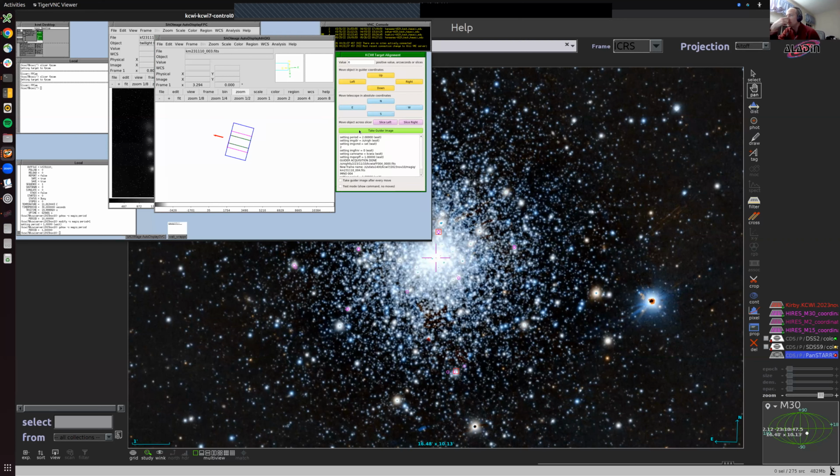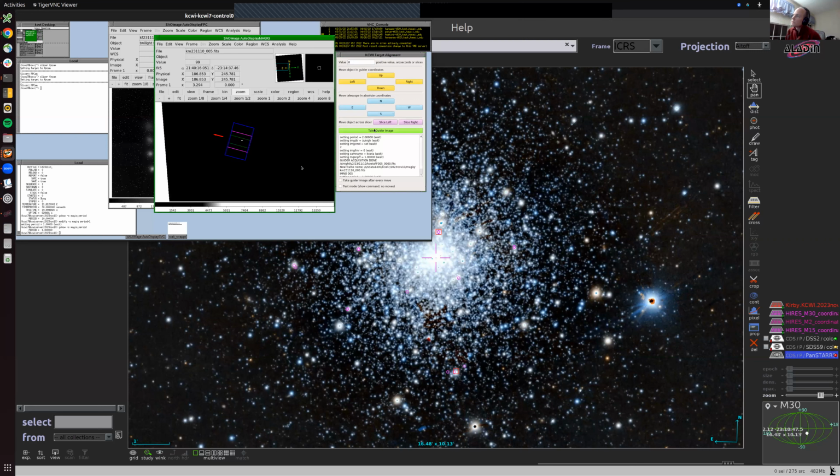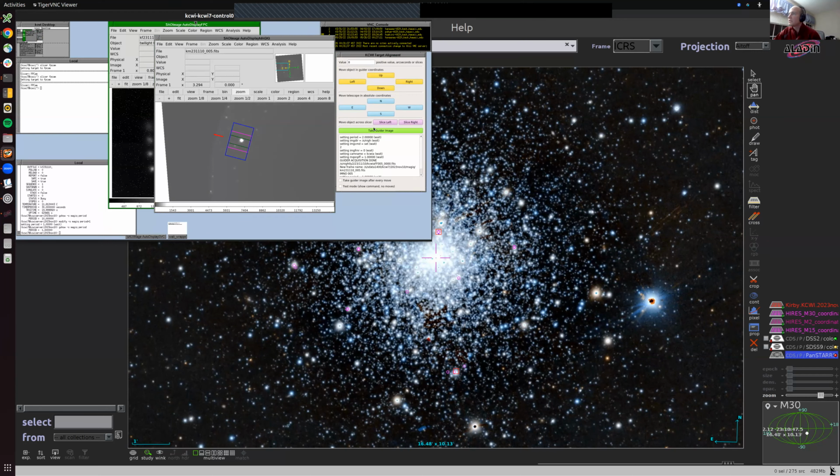And so what I should do then is, I should probably move this 8 to the right so I can get at least 2 of the stars. Okay, that looks good. That looks good. Thank you.